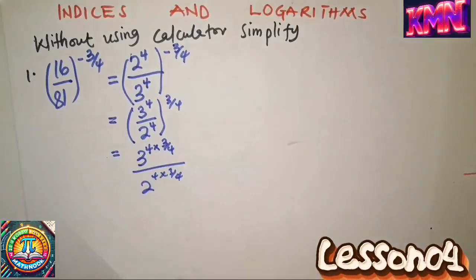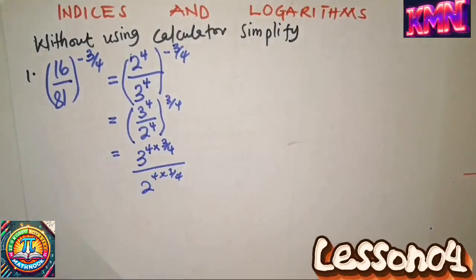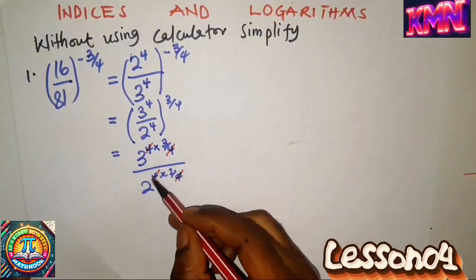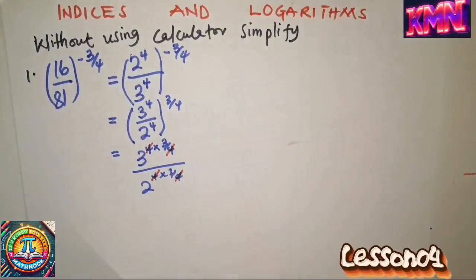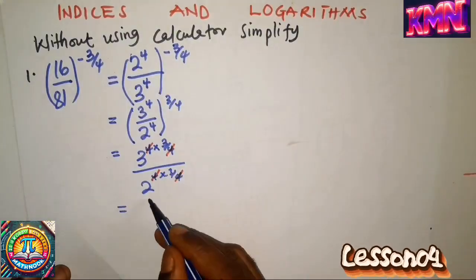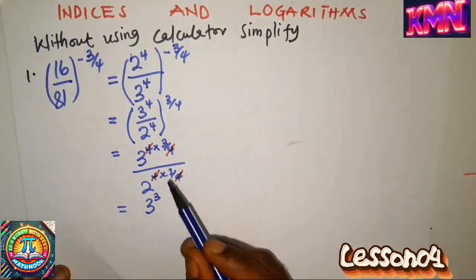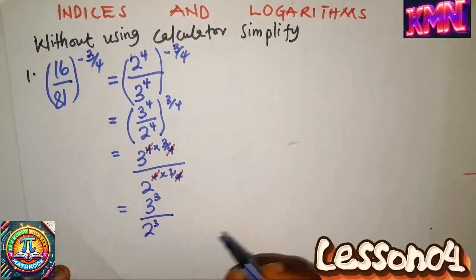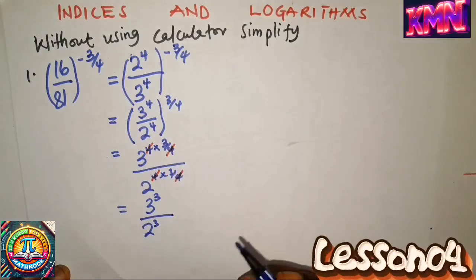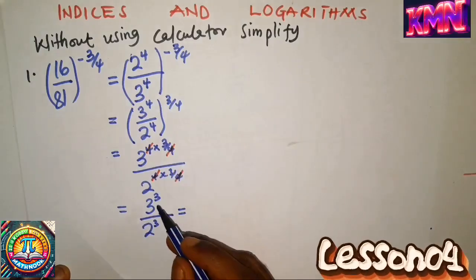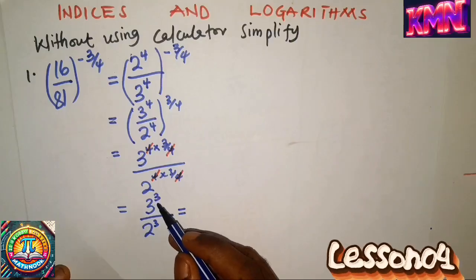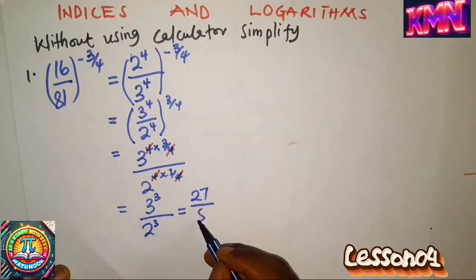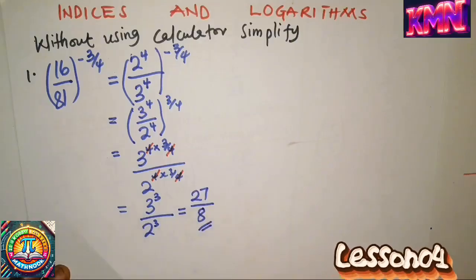And with this, this 4 will cancel this 4, this 4 will cancel this 4. So in that case, we are going to have 3 exponent 3 on 2 exponent 3, which further we can choose to change to whole number. 3 exponent 3 is 27, then 2 exponent 3 is 8, and that will be our answer.